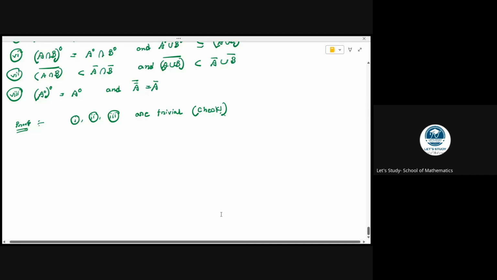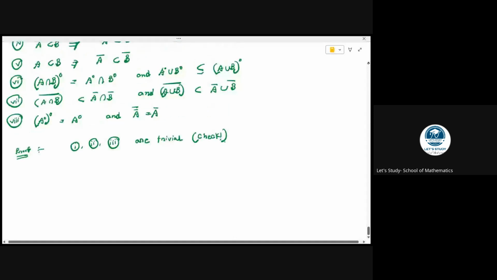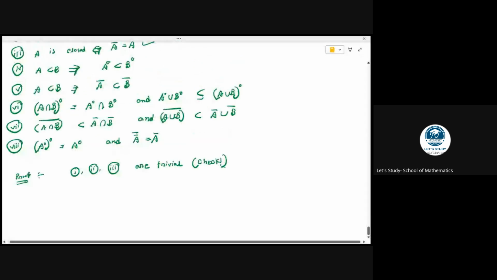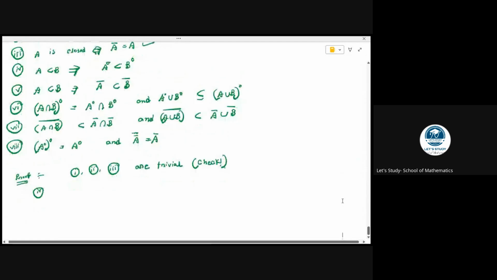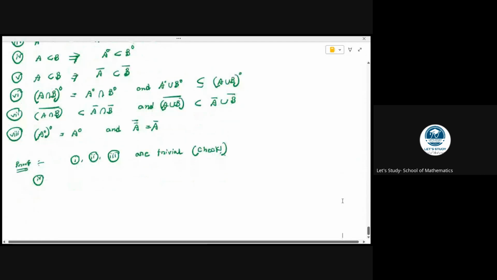A subset of B implies the interior of A is inside the interior of B.